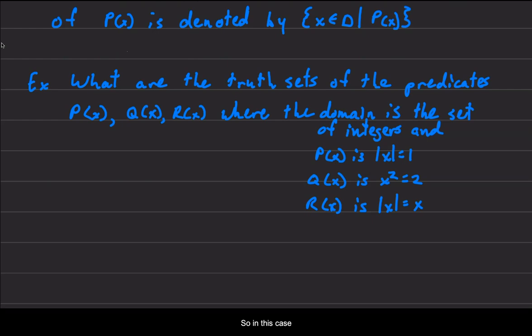So in this case, the truth set for P, we get the set of all x in Z such that the absolute value of x is equal to 1.